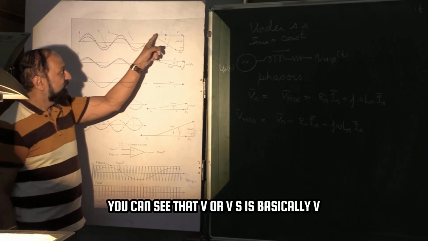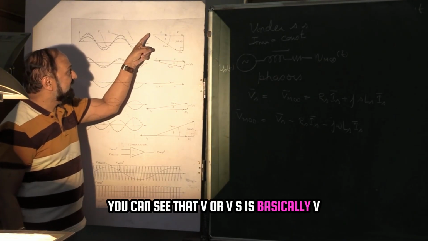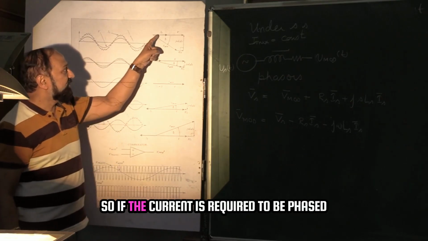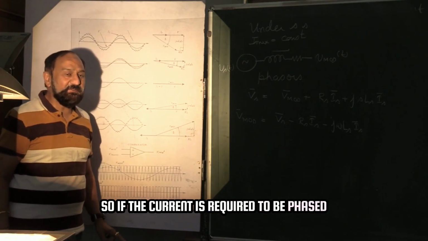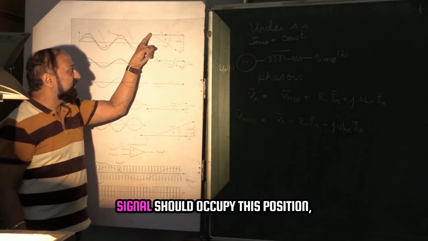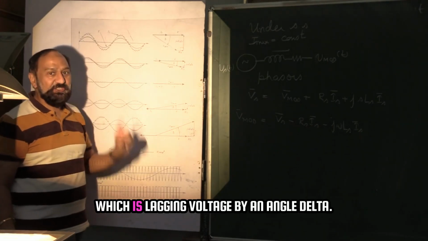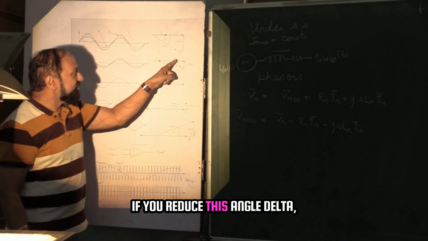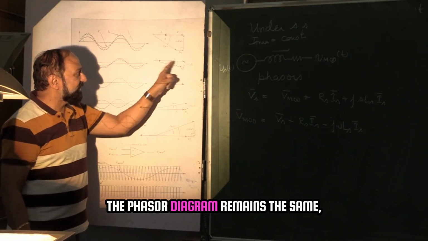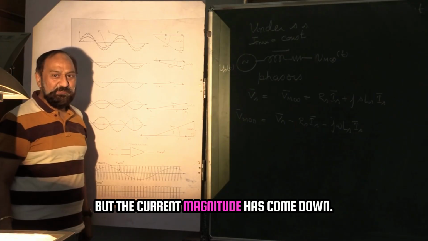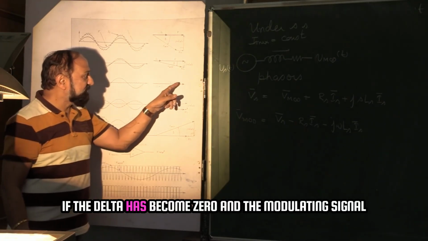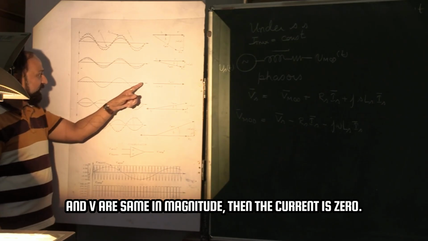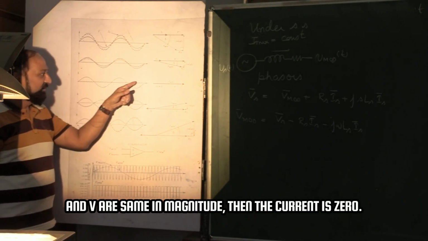You can see that Vs is basically V modulating plus Rs Is plus j omega Ls Is. So if the current is required to be in phase with the voltage, then the modulating signal should occupy this position, which is lagging the voltage by an angle delta. If you reduce this angle delta, the phasor diagram remains the same, but the current magnitude has come down. If the delta has become 0 and the modulating signal and V are the same in magnitude, then the current is 0.